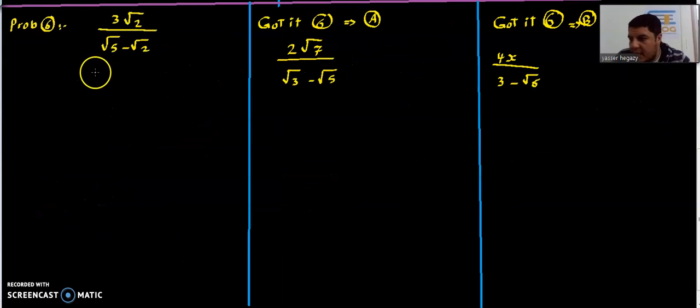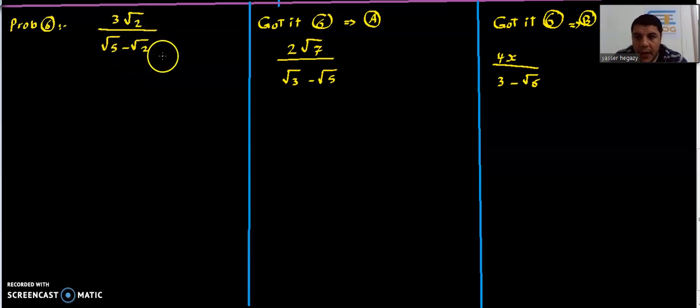Okay, in problem 6, he asked me to rationalize the denominator. How can you write the expression with a rationalized denominator? He asked about the rationalized expression, which means the simplest form, where I need a rational denominator. So what should I do? Rational means I don't need the square root down, so I need to get rid of the square root of 5 and the square root of 2.